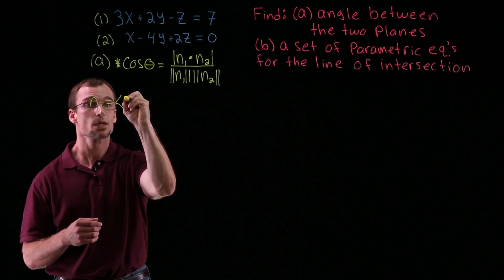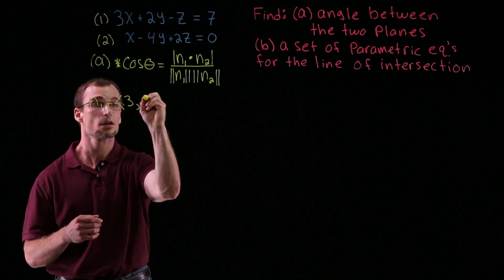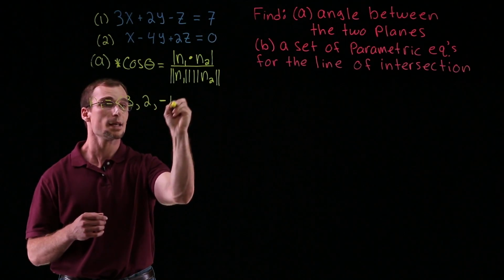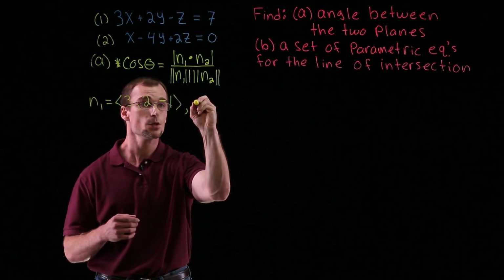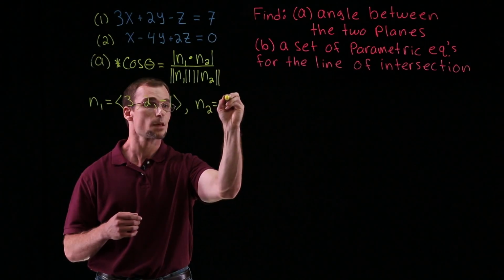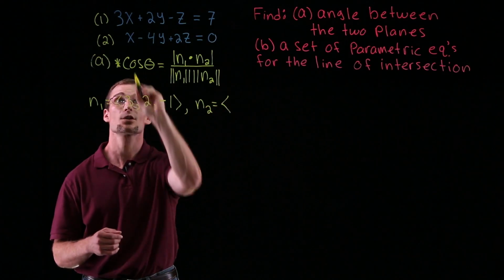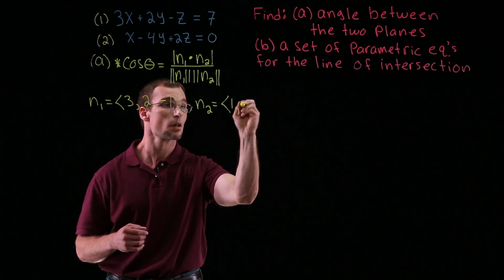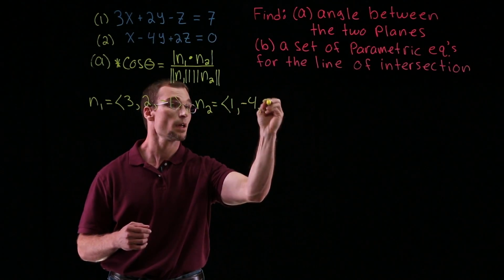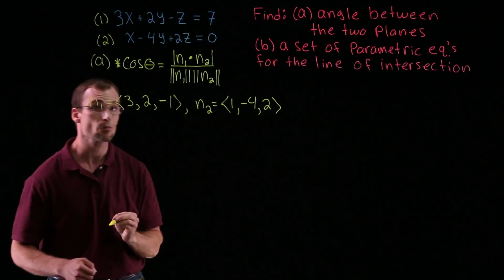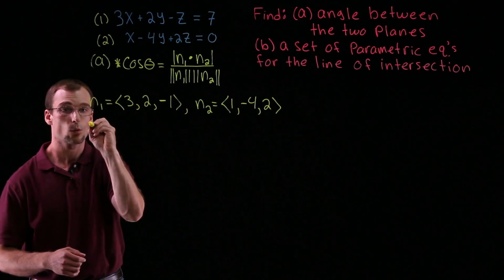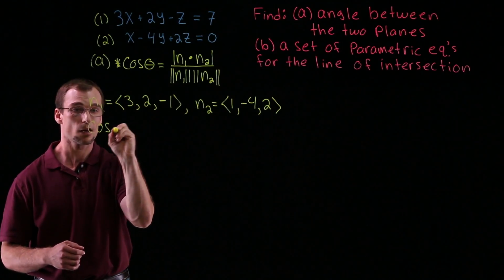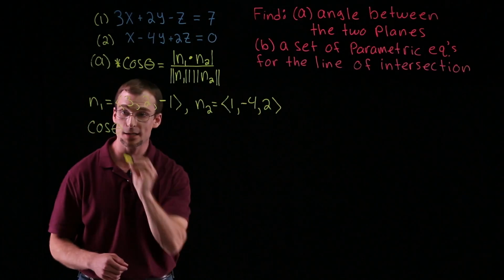So n1 is going to be equal to the vector with components 3, 2, and -1. And then n2 is going to be the vector with the coefficients in front of, again, x, y, and z. So components 1, -4, and +2.